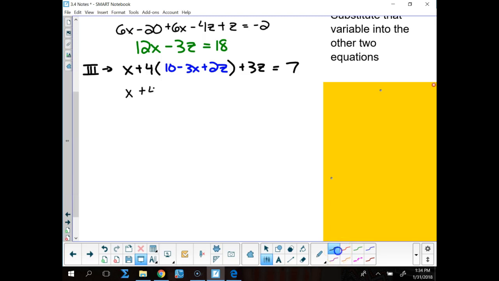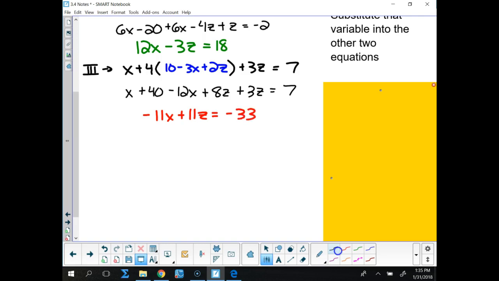X plus 40 minus 12x plus 8z plus 3z equals 7. Negative 11x plus 11z equals negative 33.